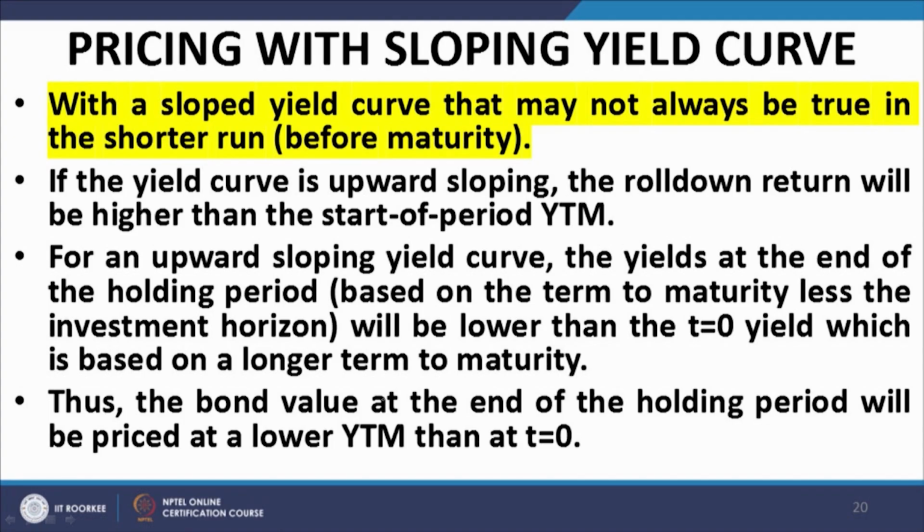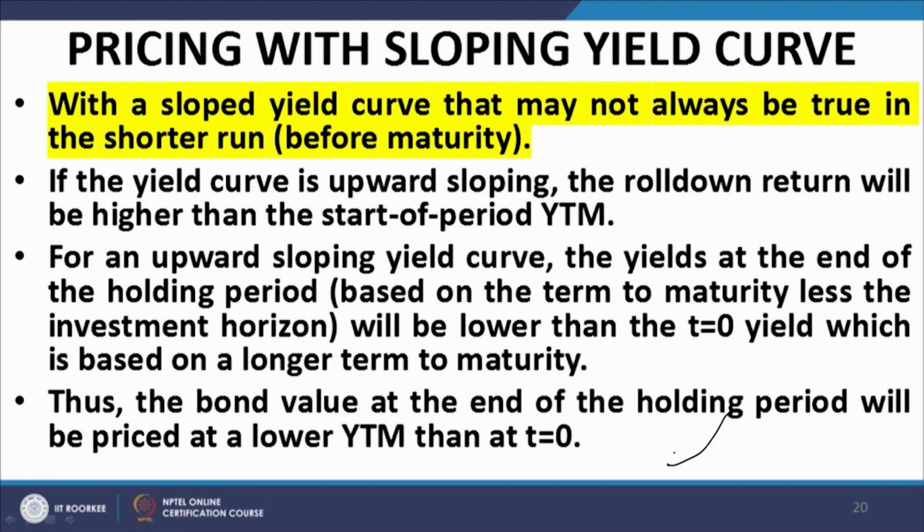But this situation is slightly tampered with, slightly disturbed when we have a sloping yield curve. The example that I discussed just now was assuming a constant YTM of 15% across the maturity. In other words, the term structure was assumed flat at 15%.